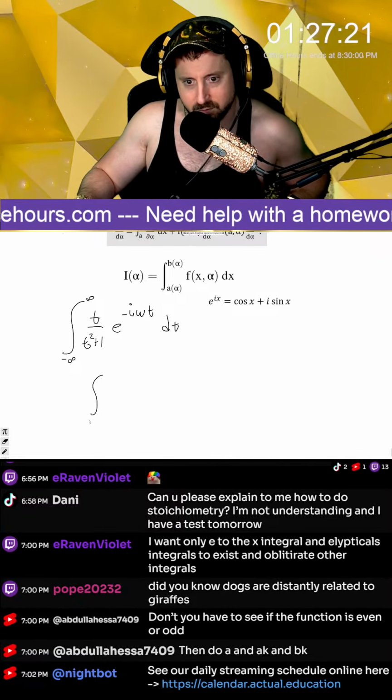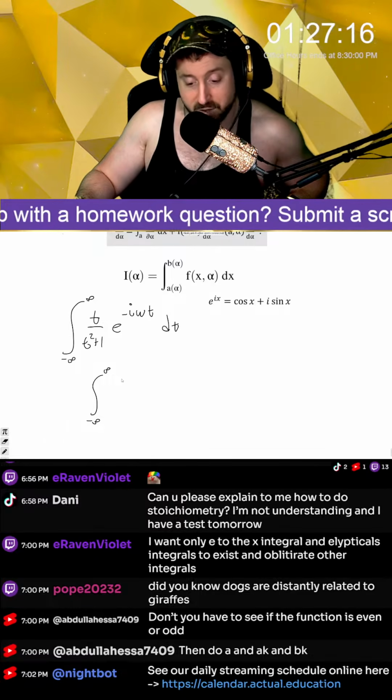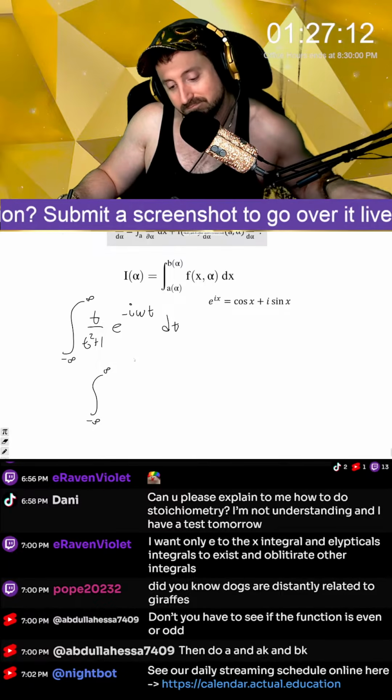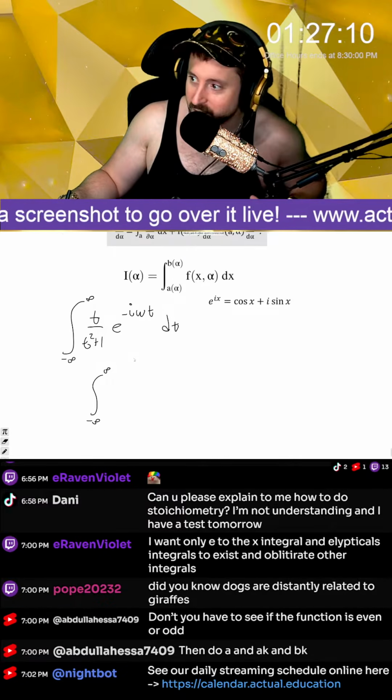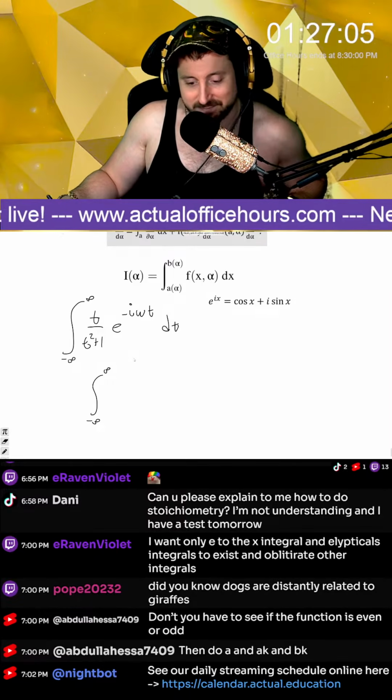Wolfram says that the integral of t cosine t dt does not converge from negative infinity to infinity. It doesn't? Ooh. Oh, that doesn't help you then, does it? Okay. I guess not.